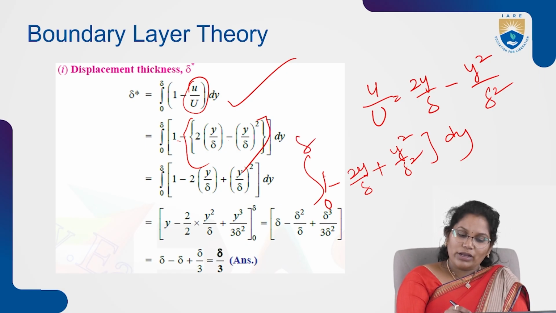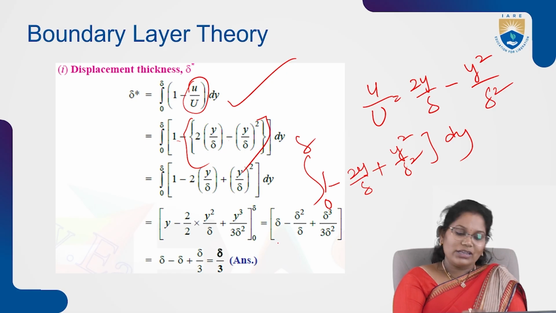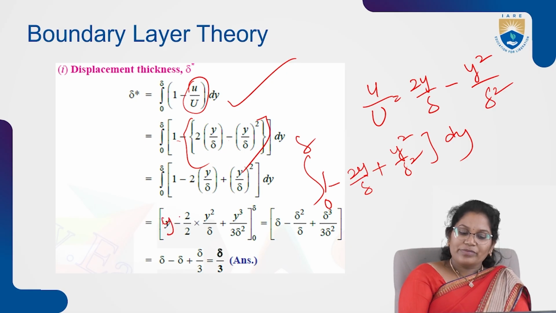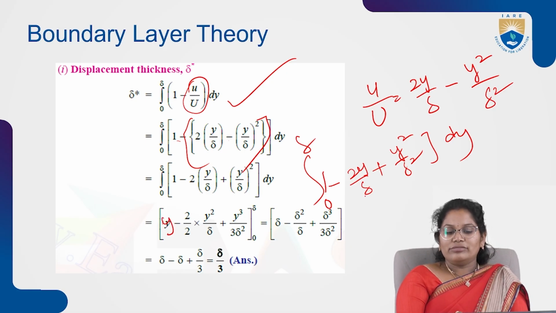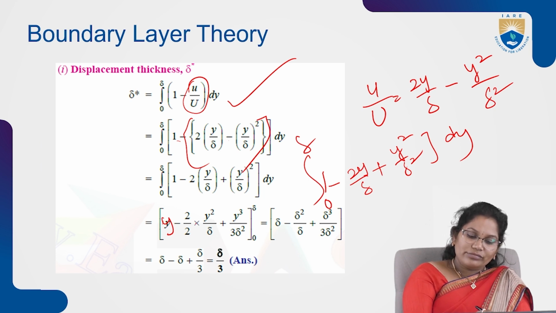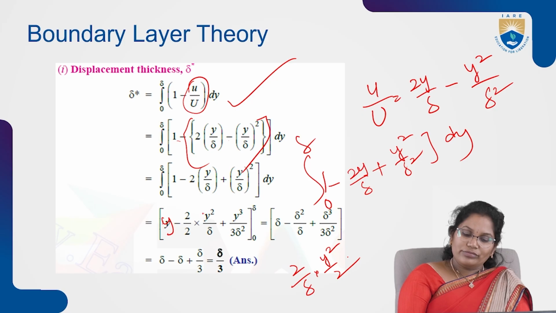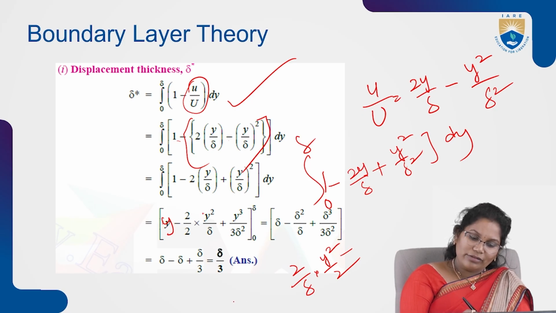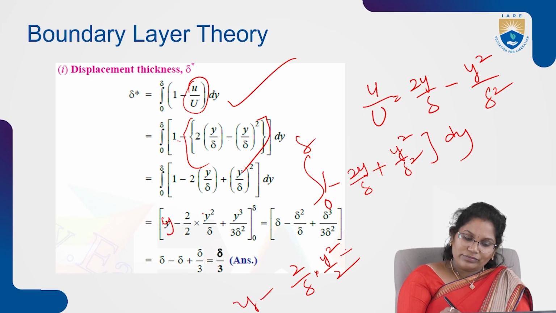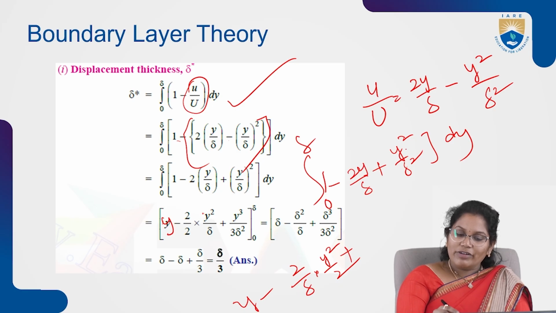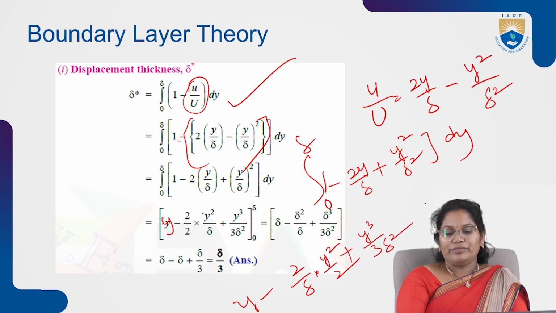So you will get integration of 1 into dy as y. Again here 2y by delta; when you integrate this, it becomes 2 by delta into y square by 2. Again plus y square by delta square; when you integrate this, it becomes y cube by 3 delta square.